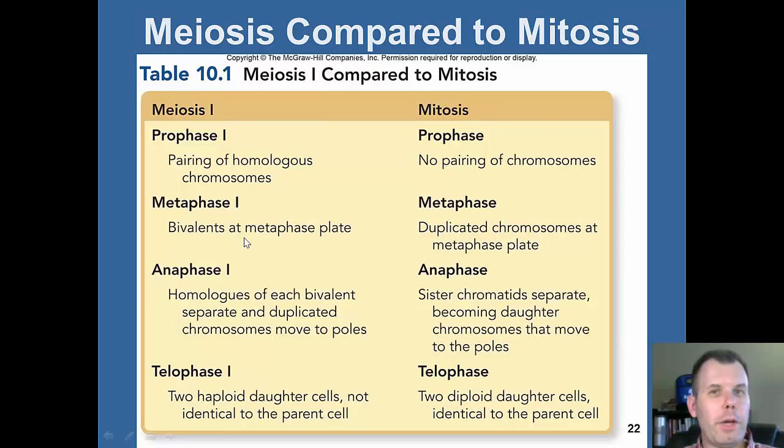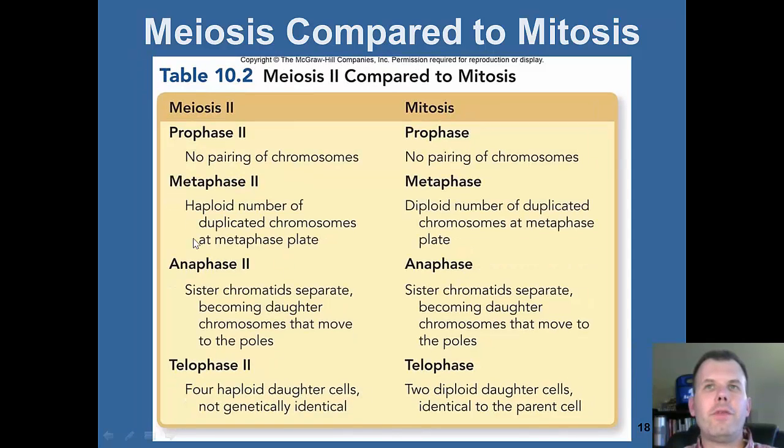So you have the 23 pairs lining up versus the 46. Here you have the bivalents that separate versus the individuals separating. And then finally getting 2 daughter cells. You go through the second phase of meiosis, which looks very similar to mitosis, but again, now you're talking about numbers. And again, in these cells you have the 23 versus in these cells you have the 46.